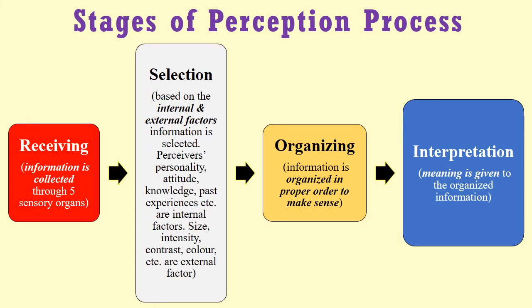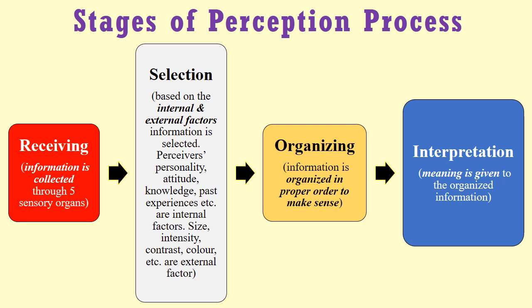Next are the various stages of perception. Receiving is the first stage of perception process. At this stage, the person collects the information through the sensory organs. Information is received by touch, smelling, hearing, tasting, or by seeing the things around us. In the next stage, the person selects the required information according to his needs or motives or his own interest.